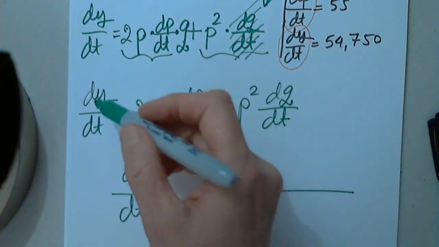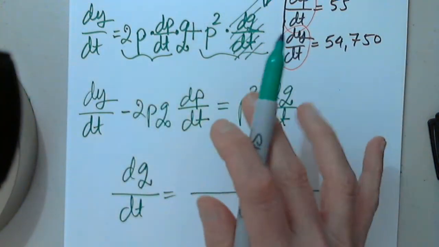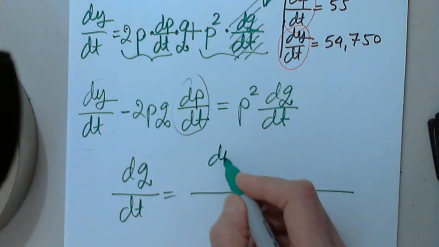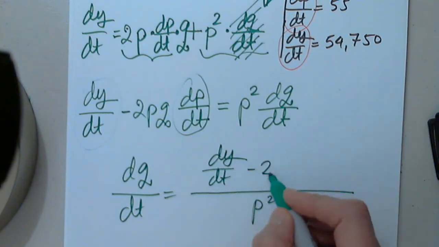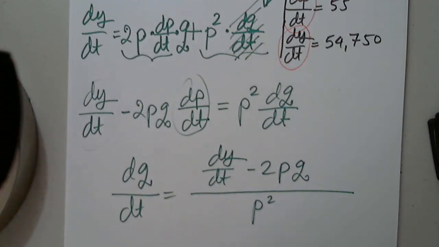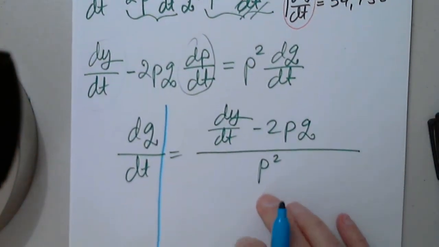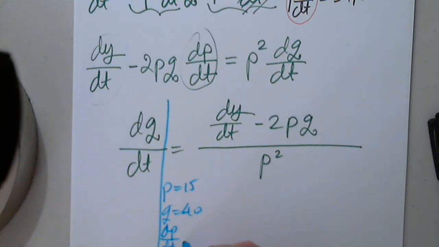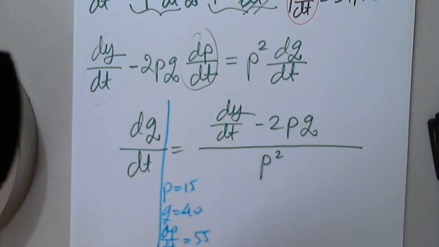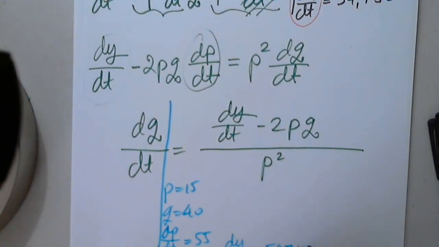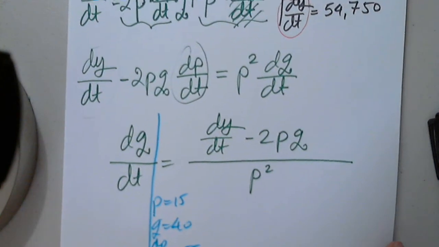Do not separate dp over dt. This is 1 unit, this is 1 unit, this is 1 unit. So dy over dt minus 2pq dp over dt. And it's done. Because now, when p is 15, q is 40, dp over dt is 55, and the last one, dy over dt is 54,750, all I have to do is plug it in.